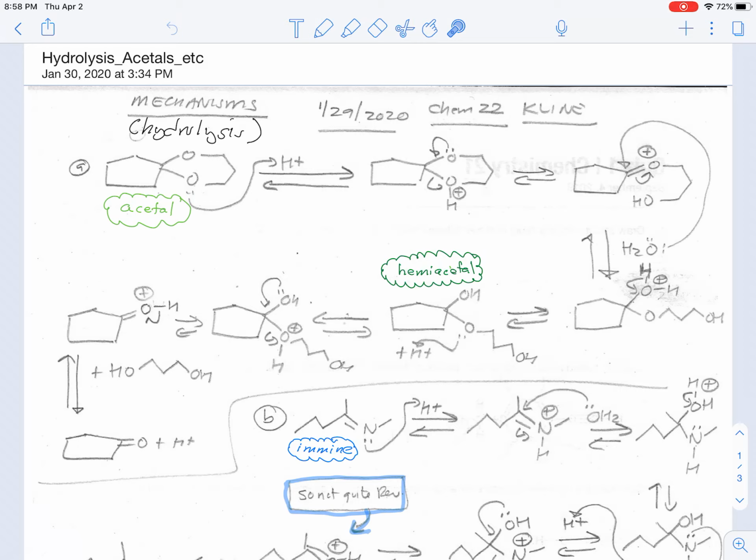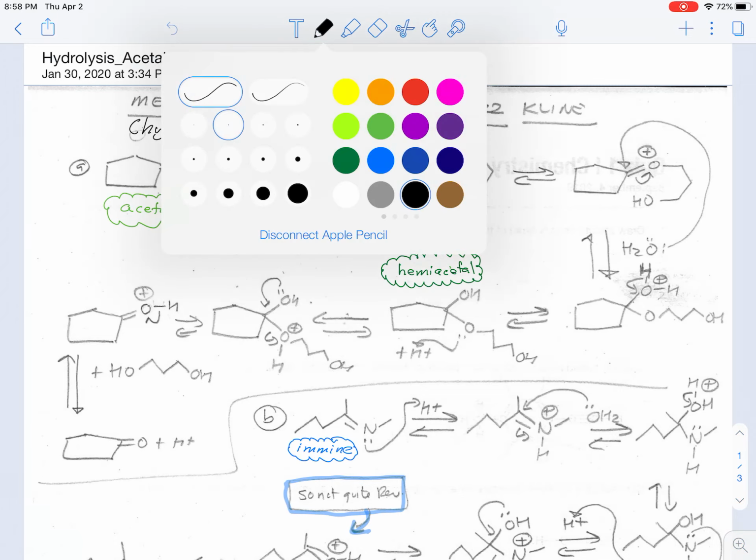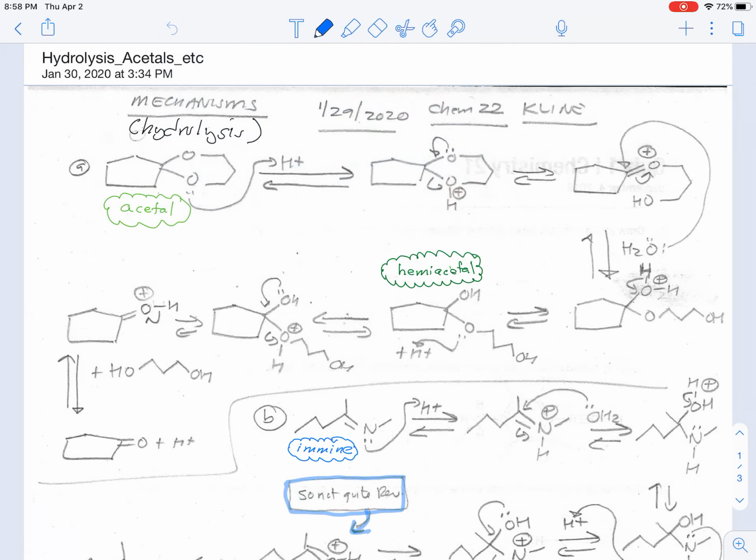Another thing that sometimes helps students with these mechanisms, and it kind of depends on how your brain works, is to think about what happens in each case. So for example, with this first one, you have a proton transfer, leaving group, nucleophilic attack, proton transfer, leaving group leaves, proton transfer.